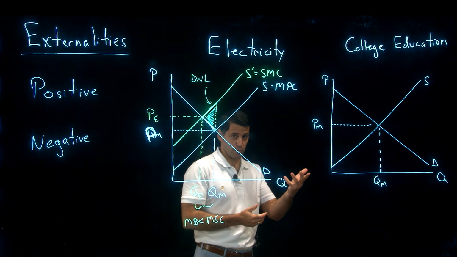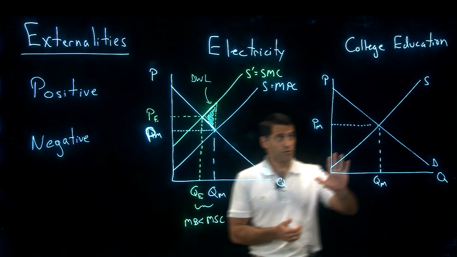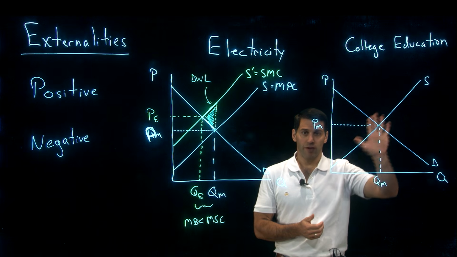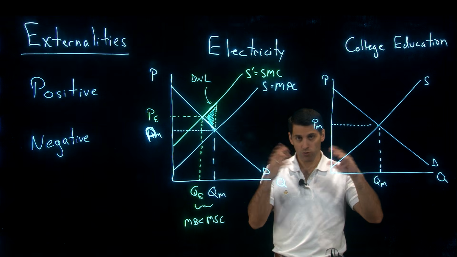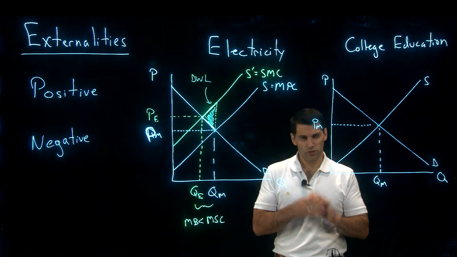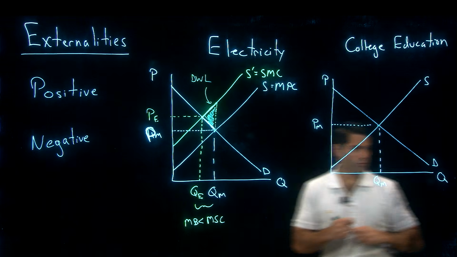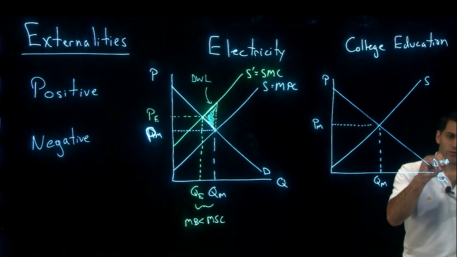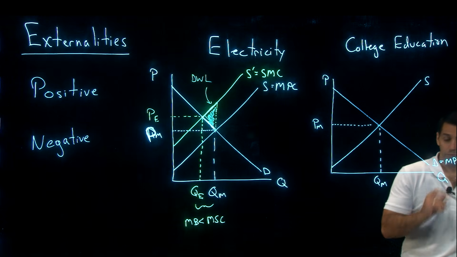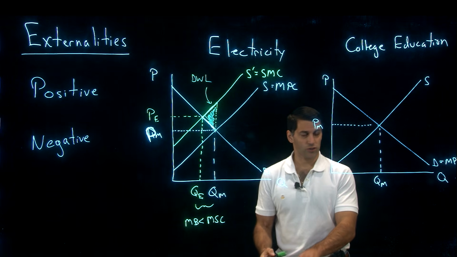And so how do we look at our supply and demand curves this time? Well, now it's on the demand side. Right? So the supply curve, this private supply curve, matches up with the social marginal cost. There's no difference there. However, this demand curve is only representing the marginal private benefit of getting a college education.